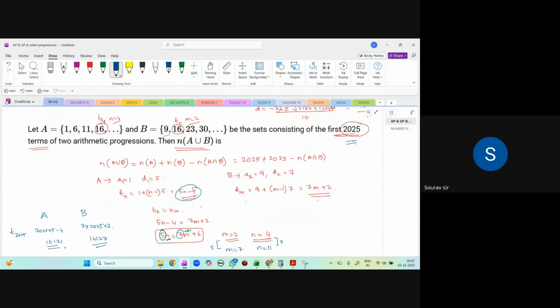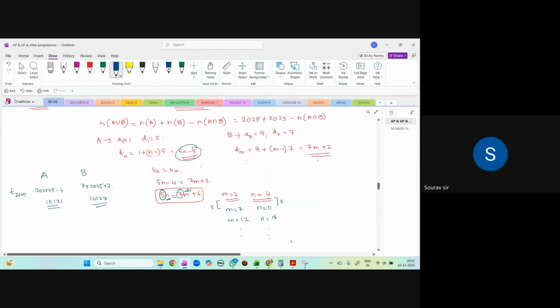So that means it has to be less than or equal to this number, 10121, because after that, the first series will end. Correct? Clear? So 5n minus 4 has to be less than or equal to 10121. So 5n has to be less than or equal to 10125.